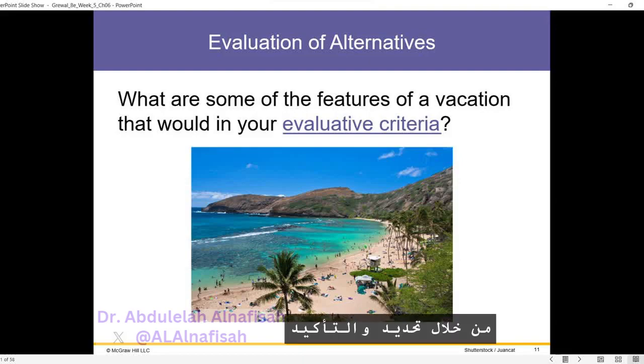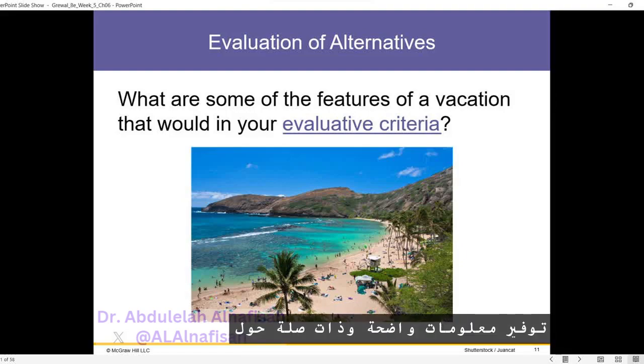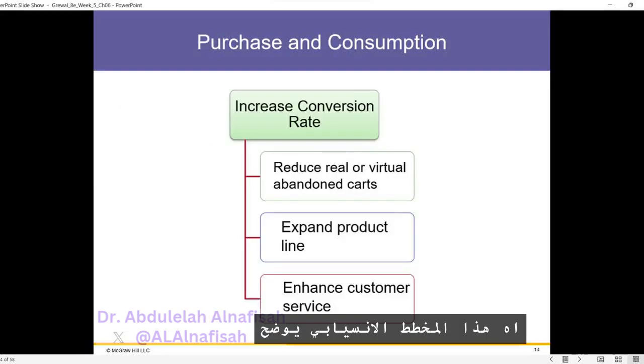By identifying and emphasizing the key attributes that align with consumers' preferences, marketers can effectively position their products or services and differentiate themselves from competitors. Additionally, providing clear and relevant information about these attributes can help consumers make informed decisions and increase the likelihood of choosing a particular brand or store.